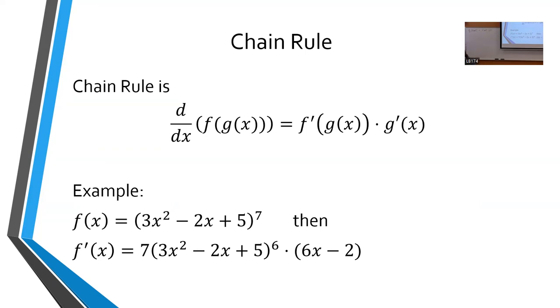An example of that would be taking a polynomial to the 7th power, like f of x equals the polynomial 3x squared minus 2x plus 5 raised to the 7th power. If I took a derivative of this, the inside function is this 3x squared minus 2x plus 5. That's the g in the derivative rule notation.